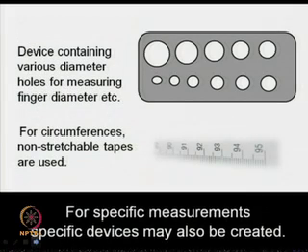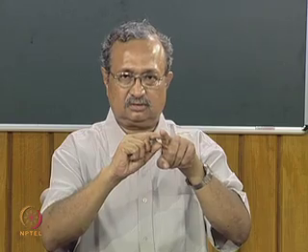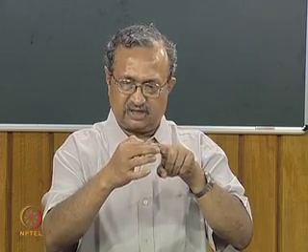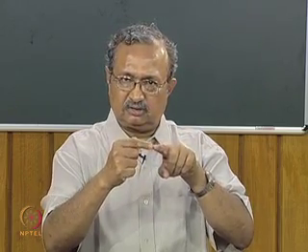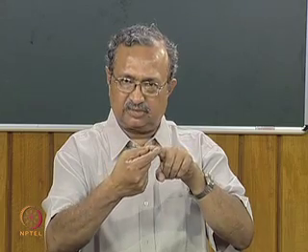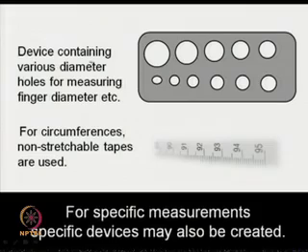Now, for some other purposes, like if I want to know the different sizes, the measurements of circumferences, depths and breadths of fingers, a device containing holes of various diameters for measuring finger diameter etcetera is also used.